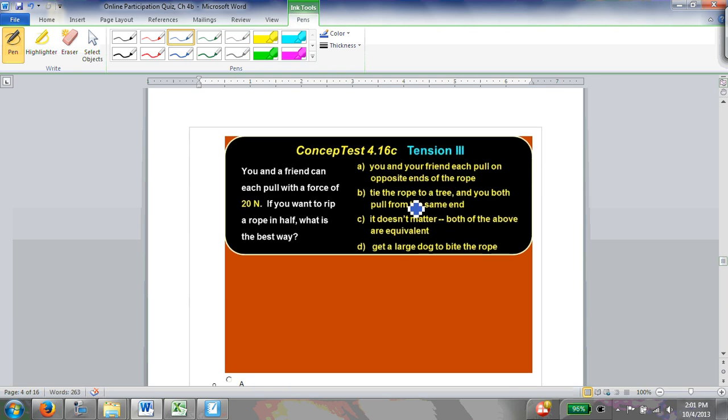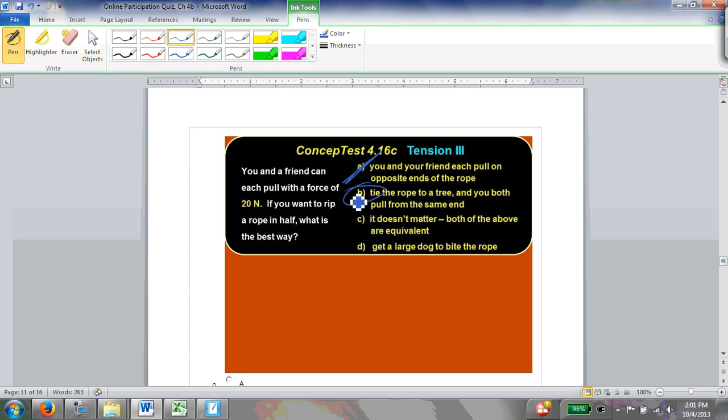All right, you and a friend each pull with a force of 20 newtons. If you want to rip a rope in half, what's the best way? If you can apply a force of 20 newtons on both ends of the rope, that's not A, because you're just going to get 20 newtons of tension in the rope.